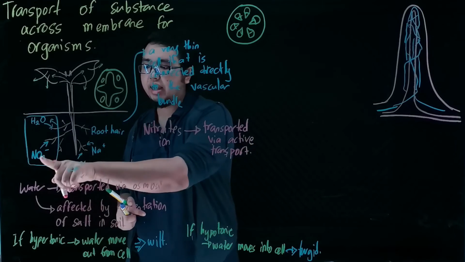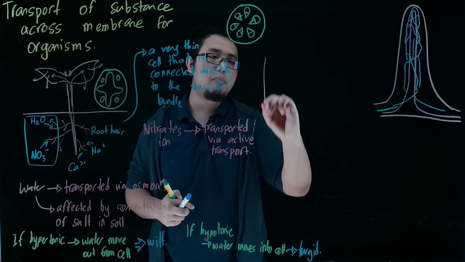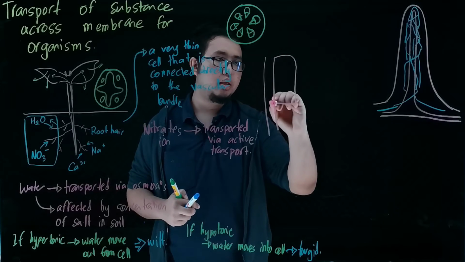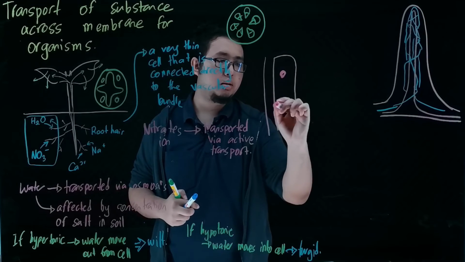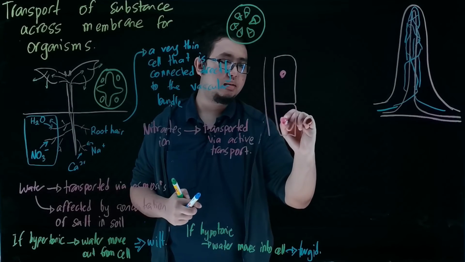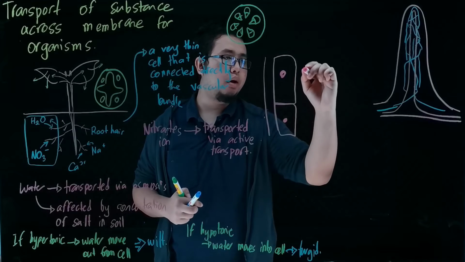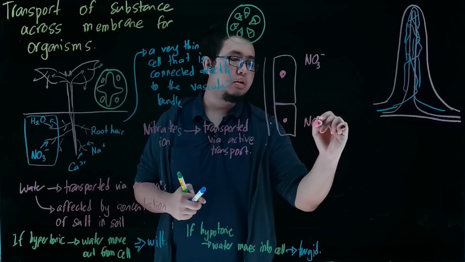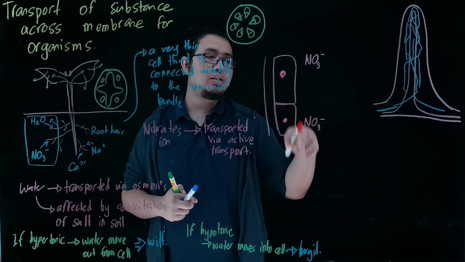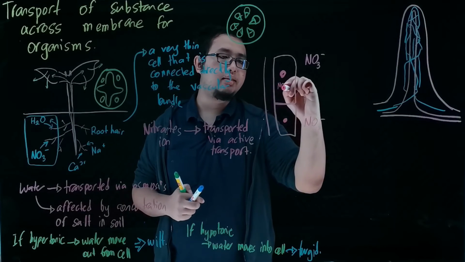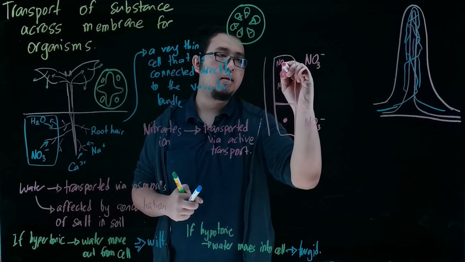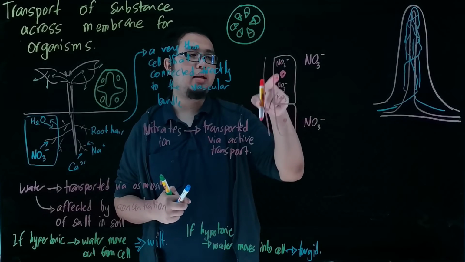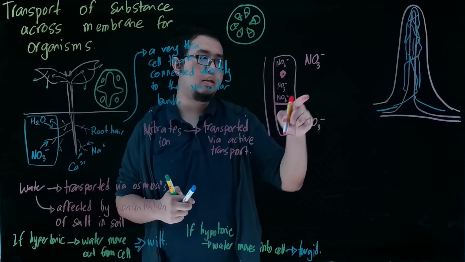This transport of nitrate requires ATP to bring the substance into the cell. So we have our root hair cells, and then we have our nitrate ion. Now this nitrate ion is much less in the soil than it is in the cell. So there are more nitrates in the cell than there are in the soil.